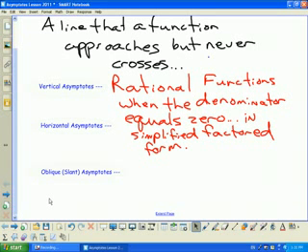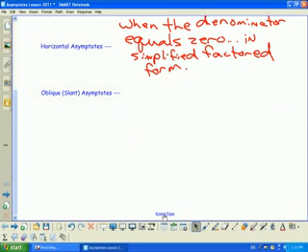Some of you look confused. When I talk about higher order, I'm talking about the value of the exponent. Okay? If you have x squared, it means the order is 2. Okay? If you have x, the order is 1. For oblique asymptotes?